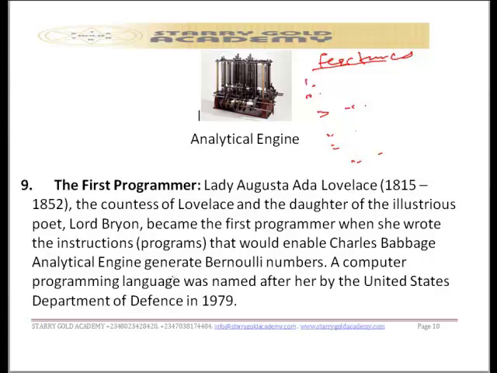The Countess of Lovelace and the daughter of the illustrious poet Lord Byron became the first programmer when she wrote the instructions, that is programs, that would enable Charles Babbage's analytical engine to generate Bernoulli numbers. A computer programming language was named after her by the United States Department of Defense in the year 1979.